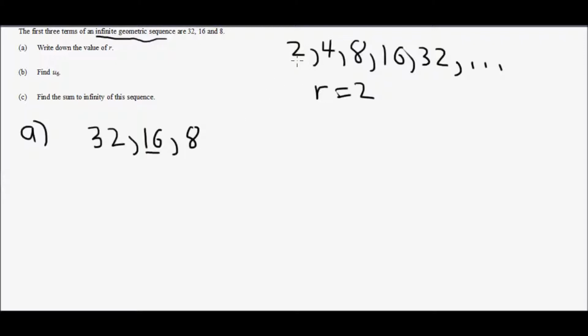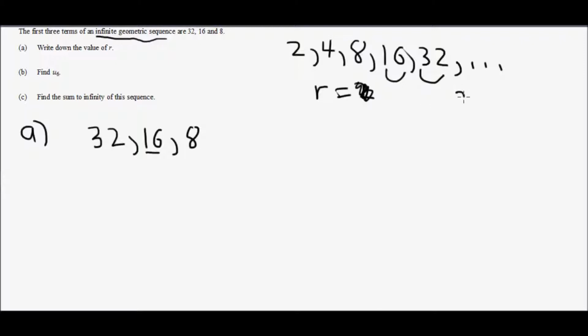So let's take an example here. So we have our example geometric sequence here, and we don't even know what r is. We have no idea what it is. So in order to find it, we find a term and divide that term by the term before it. So in this case, let's choose these two numbers, 32 and 16.